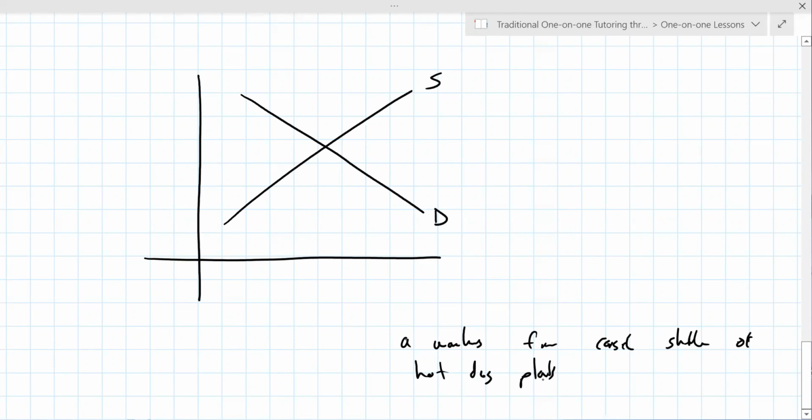What does that mean for supply if the warehouse is shut down or there was a fire? There'd be less. Yeah, there'd be a decrease in supply because there's less hot dogs, right?